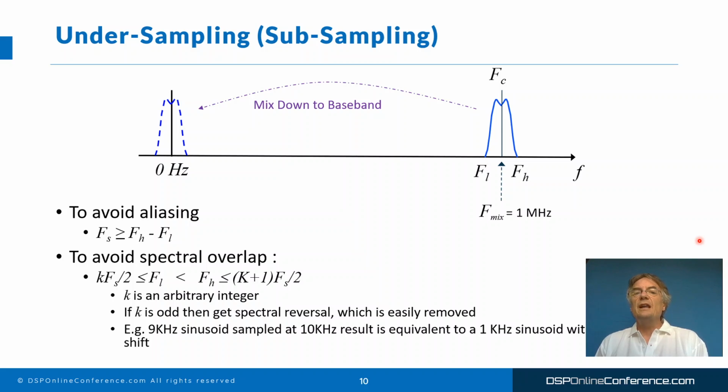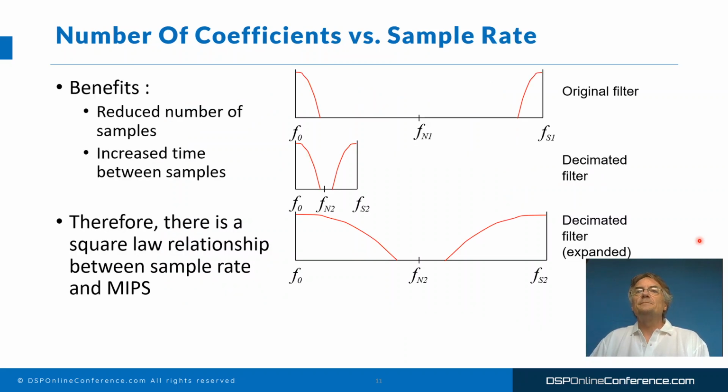If k is an even number, then we get a nice spectrum down in the baseband, and if k is odd, then we get spectral reversal, which is actually easily removed. So in this case, we mixed down to baseband using an appropriate k factor, and we ended up with our nice 50 kilohertz bandwidth at baseband.